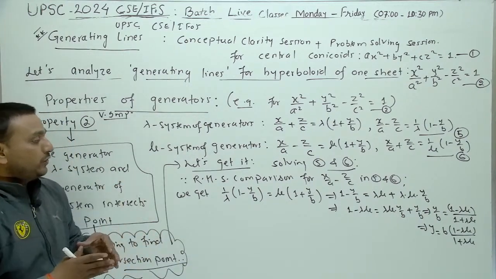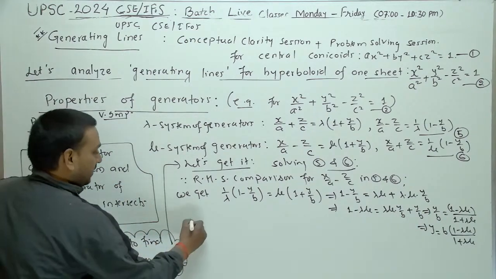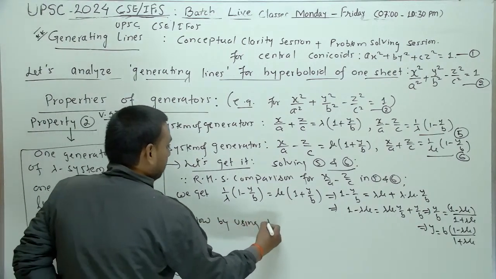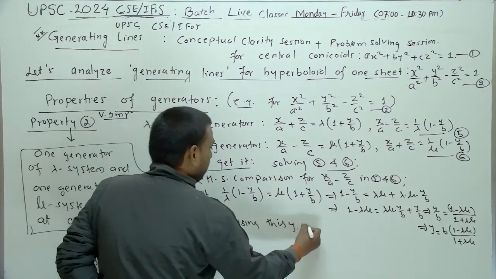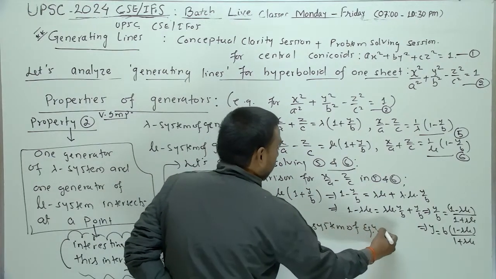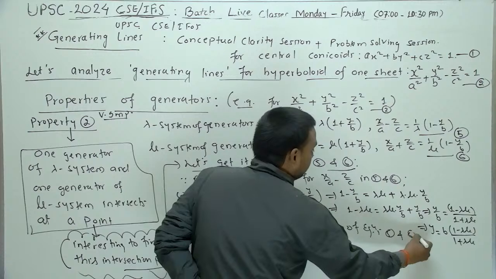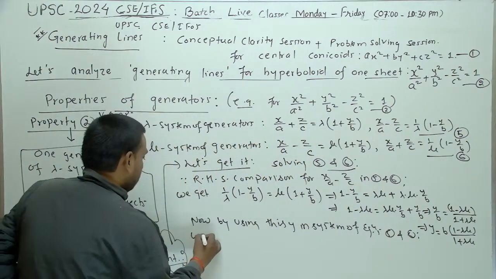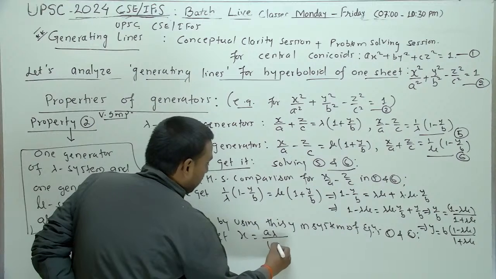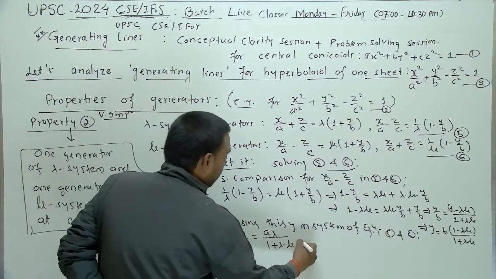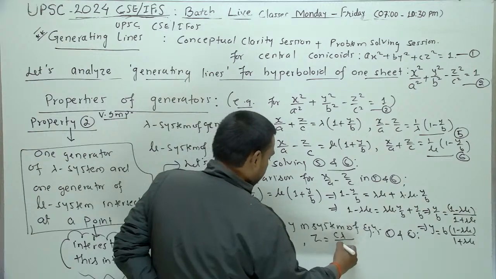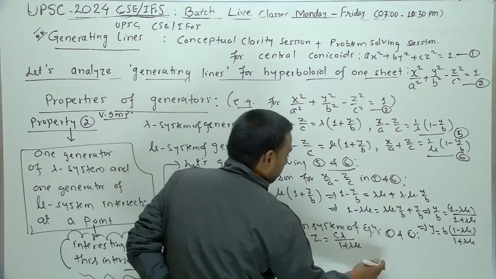Similarly, by using this in the system of equations 5 and 6, we get the x value a lambda upon 1 plus lambda into mu, and the z value we got c lambda upon 1 plus lambda into mu.